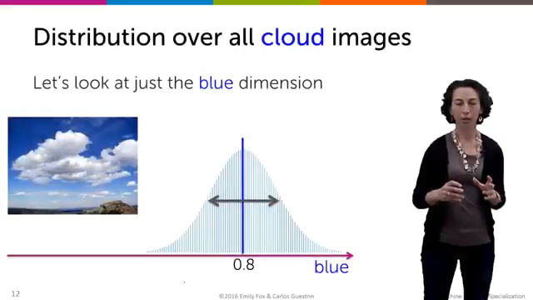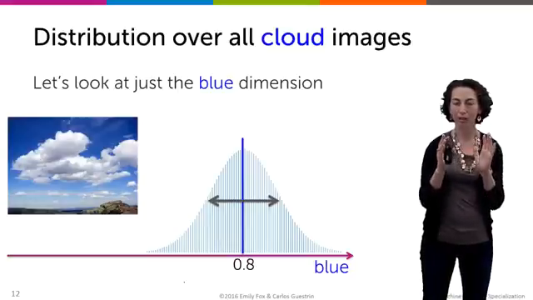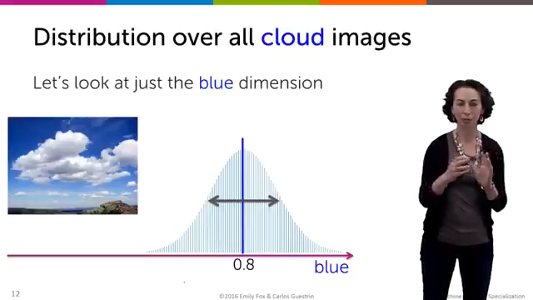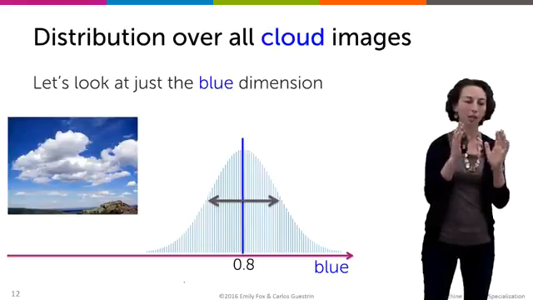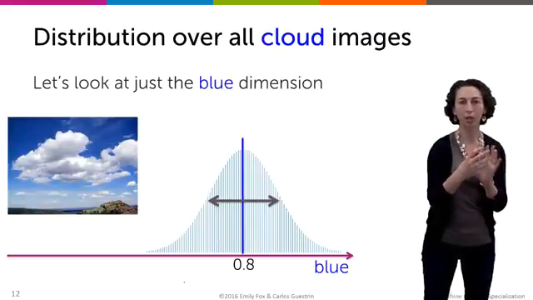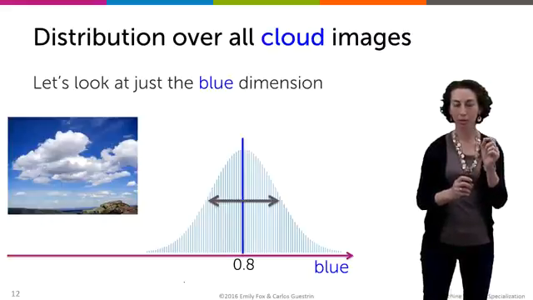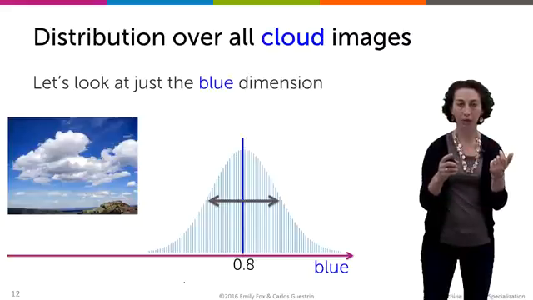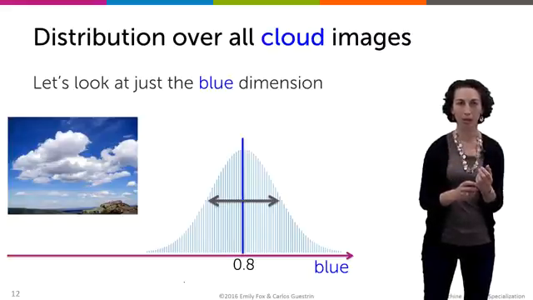Now that we have a quantitative representation of our images, we can turn to our data analysis and our modeling. So to start with, let's imagine that we take all of the cloud images. For now, let's imagine that these images have labels. They don't. That's the point of this clustering task. But for the sake of building up the model, let's imagine that we could grab out just the images of clouds. And then let's just look at the blue index in this RGB vector and histogram what that blue intensity is across all these cloud images in our data set.